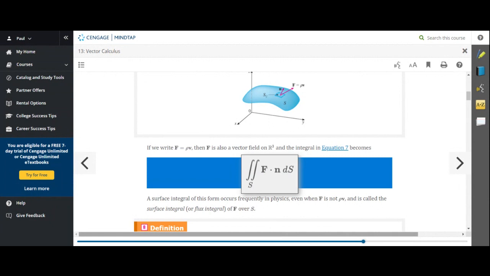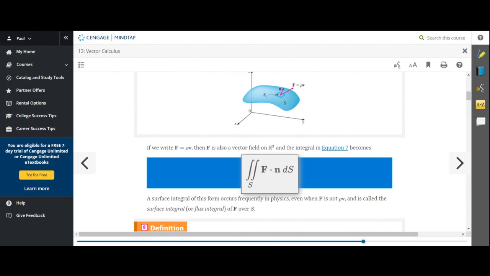A surface integral of this form occurs frequently in physics and is called the surface integral or flux integral of the vector field over or across the surface S.